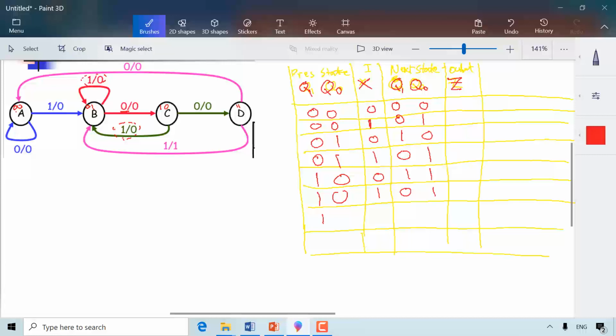Finally, state 1 1, which is D, depends on the input. Of course, here in my table, these are my input cases: the present state and the input X. If I am in state D and I receive a 0, I go to state A, which is 0 0. If I am in state D, which is 1 1, and I receive a 1, I go to state B, which is 0 1.